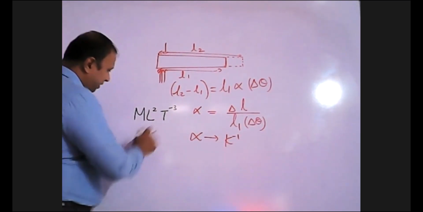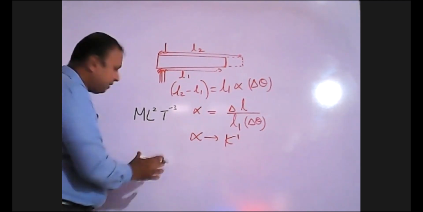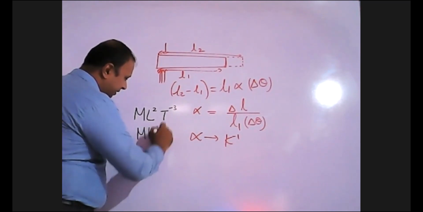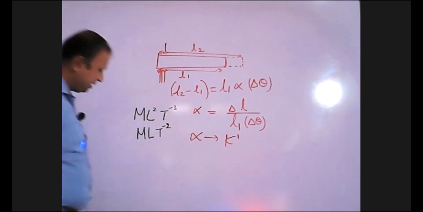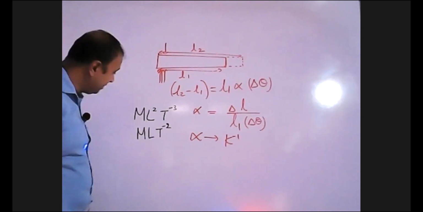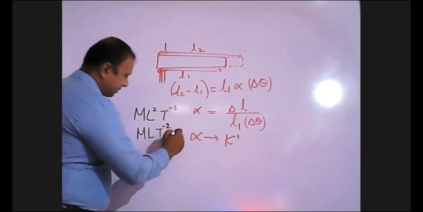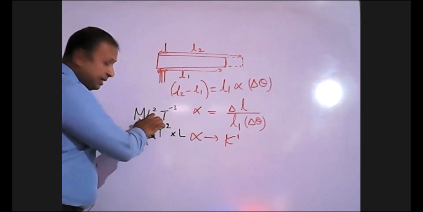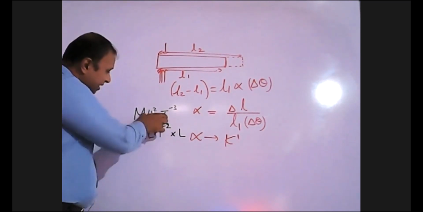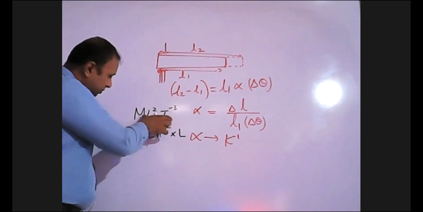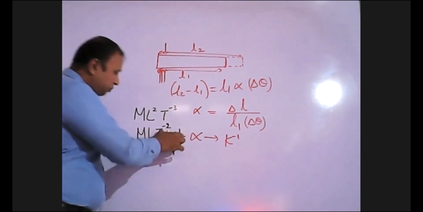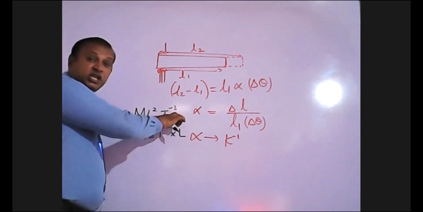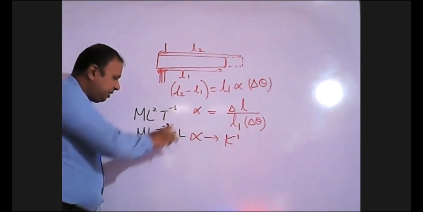If I extract the dimension of force here, M L T minus 2, then for the remaining, there should be an L here because the final one is L squared. Then there is T minus 3.